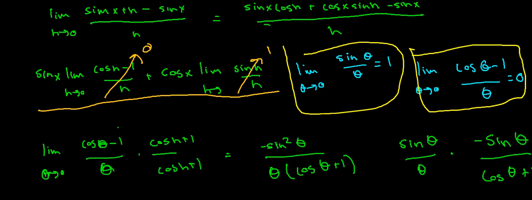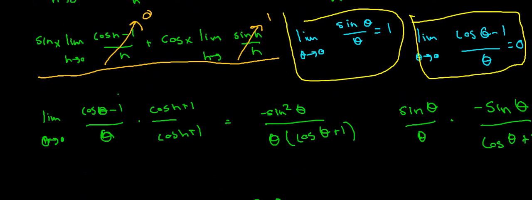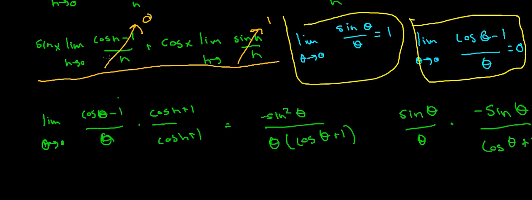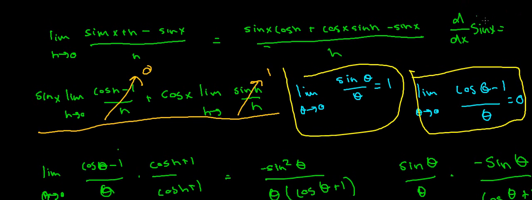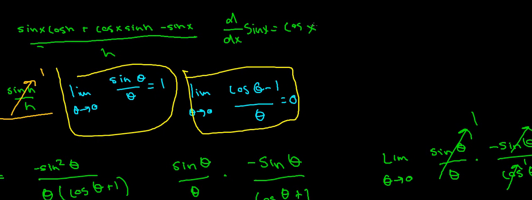So that means that the limit, or the derivative of sine, that's what I meant, is equal to sine x times 0, which is 0, plus cosine x times 1. So that's just equal to cosine x. And that is how you get that.